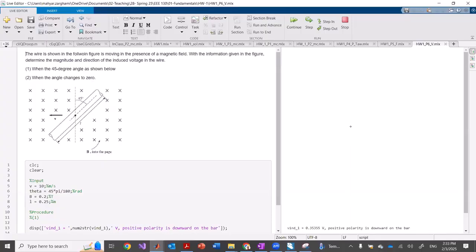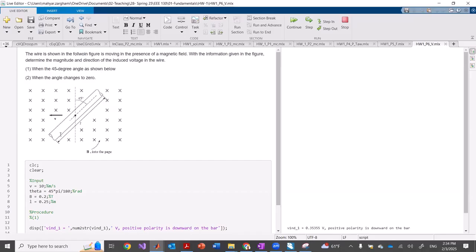So V would be in the direction of your index finger, and the middle finger would be in the direction of the magnetic field. Your thumb would indicate the side of the positive polarity, which for us should be here.